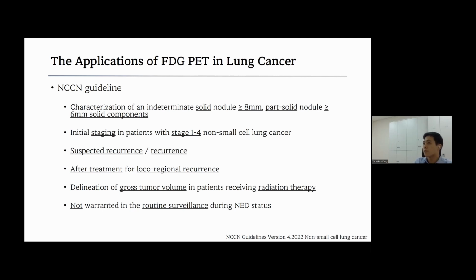But FDG-PET-CT is usually not warranted in routine surveillance during NED status without evidence of disease. The guidelines are just generalized guidelines, not the law, and we can use FDG-PET in other clinical indications such as therapeutic response evaluation or surveillance in specific situations, case by case.